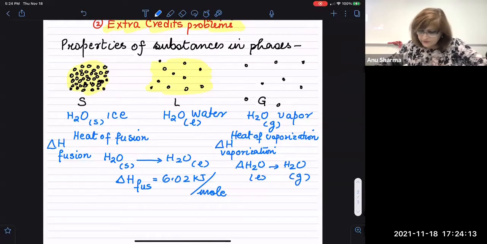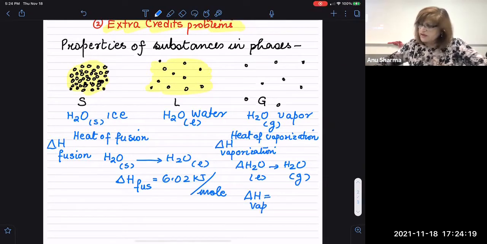That is delta H vap, the common short terms we use. The heat of vaporization in this case is very large in comparison, 40.7 kilojoules per mole.